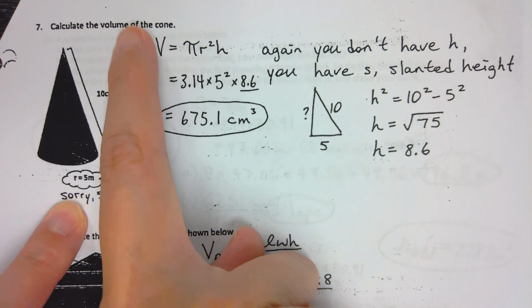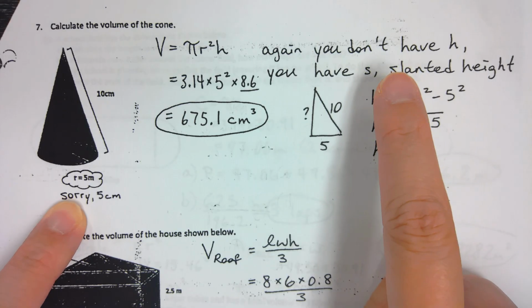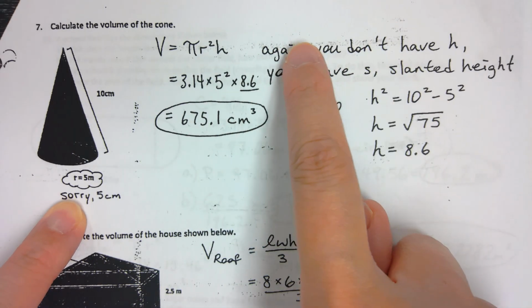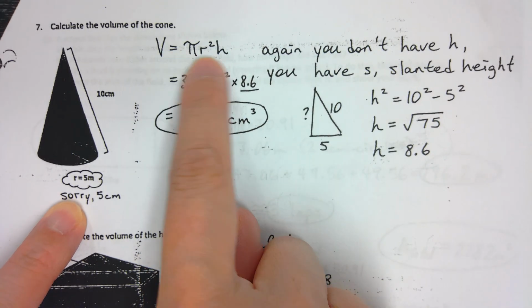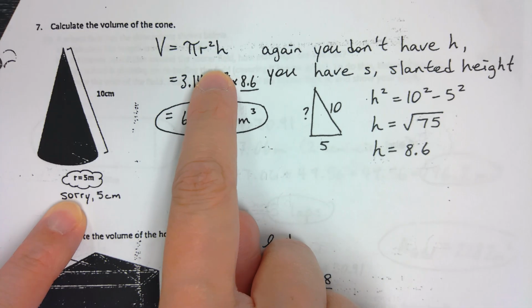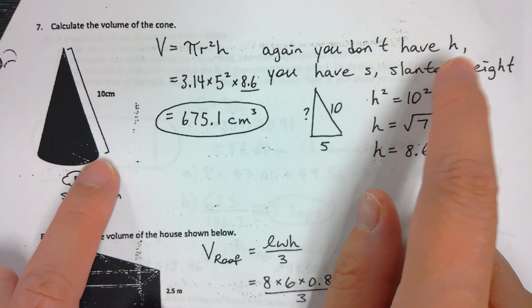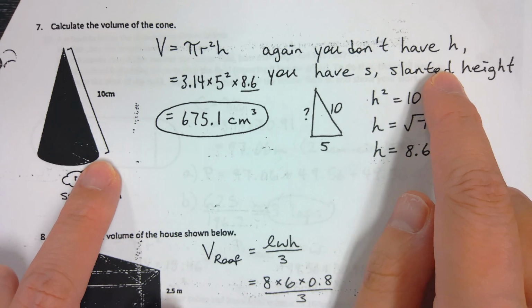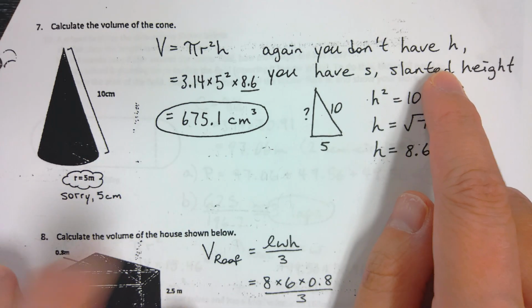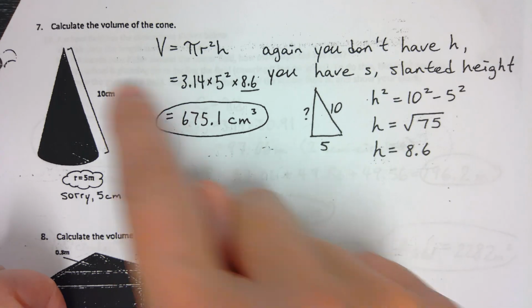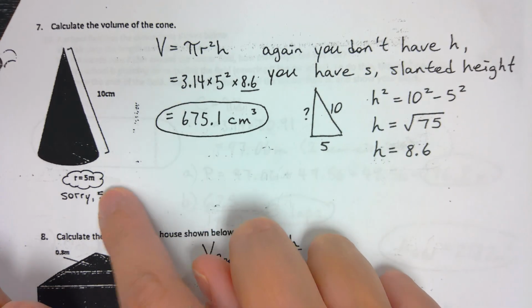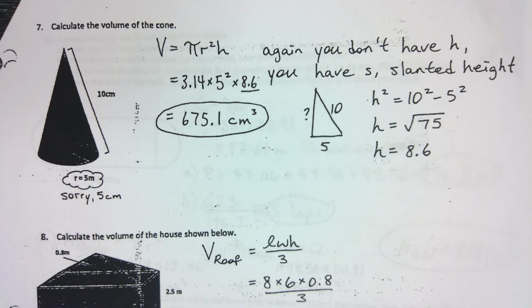Okay, so this one, be very careful because you know that the formula for the cone is pi r squared h. But again, you don't have h, you have the s, which is the slanted height. So why this question was tricky is because you couldn't just plug in the numbers into the formula. Plugging in the numbers in the formula was grade 7 work.